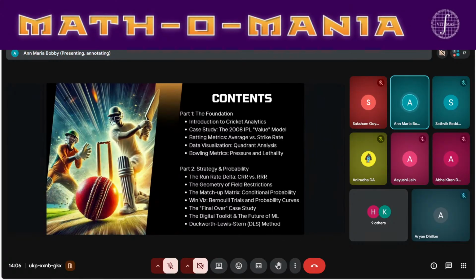Part two is strategy and probability, where we cover the run rate delta, CRR versus RRR, the geometry of field restrictions, the matchup metrics, conditional probability, Win-Wiz, Bernoulli trials and probability curves, the final over case study, the digital toolkit and the future of ML, and the Duckworth Lewis Stern, that is the DLS method.